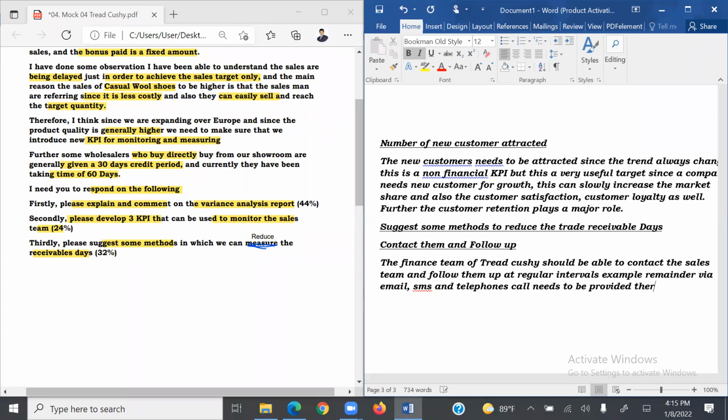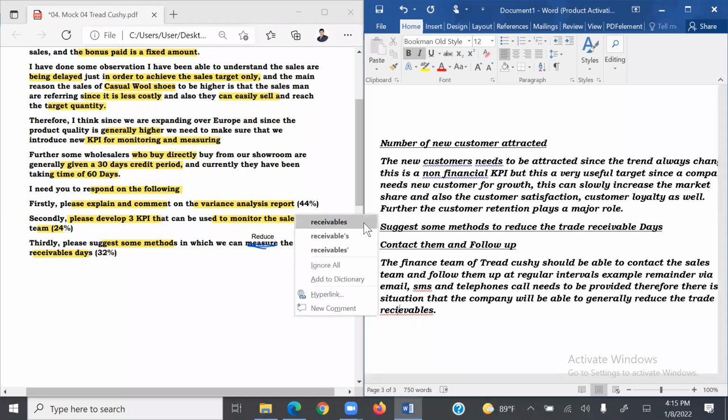Therefore, there is a situation that the company will be able to generally reduce the trade receivable. Students, I believe that is a very practical point of view on reducing the trade receivables.